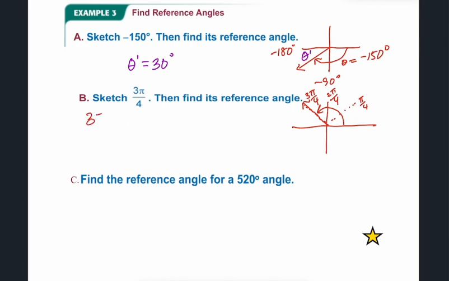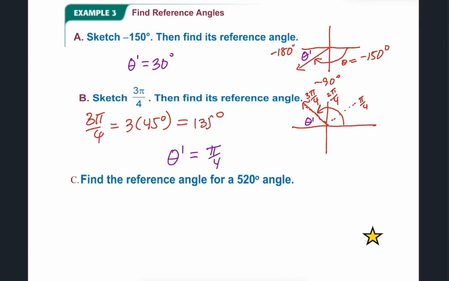Now you could also take that and make it 3 times 45, and 3 times 45 is 135 degrees. So feel free at any time to change that into degree measure. So our theta prime goes right here. It would take us another 45-degree wedge to get to the 180 mark. So our theta prime, our reference angle, is pi over 4.